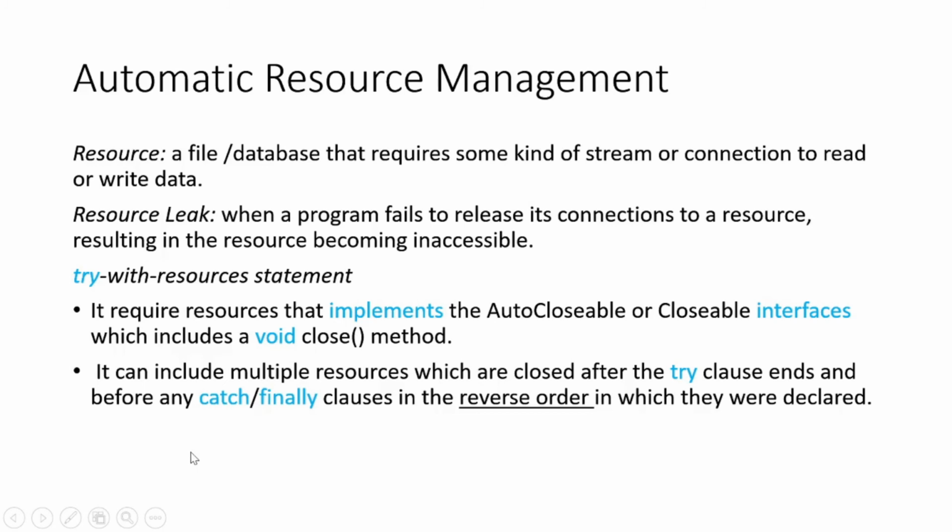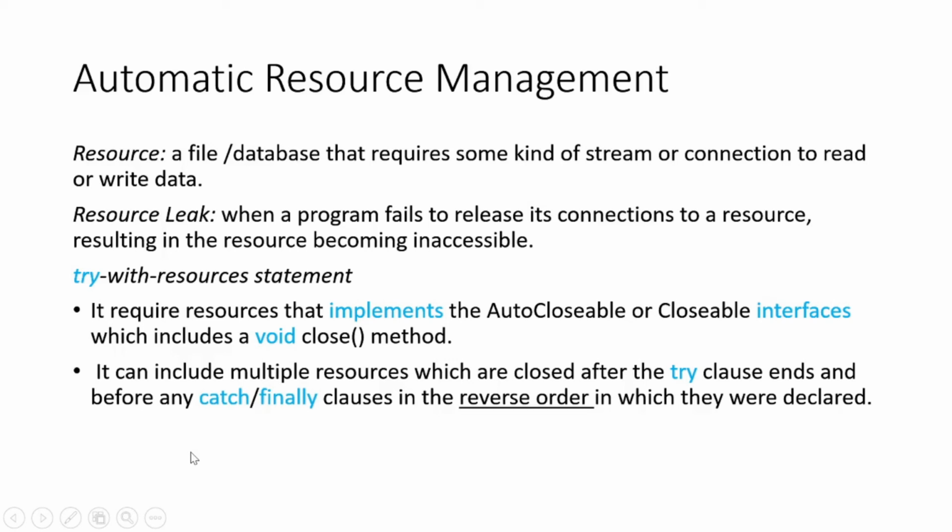Automatic resource management. So what is a resource? A resource could be a file or database that requires some kind of stream or connection to read or write. Whenever we use these resources, they can throw an exception. So what is the process?